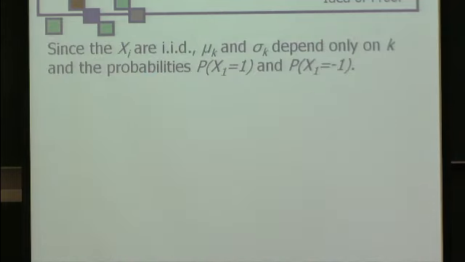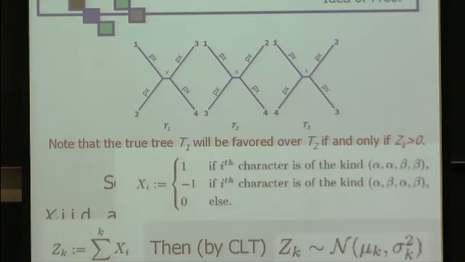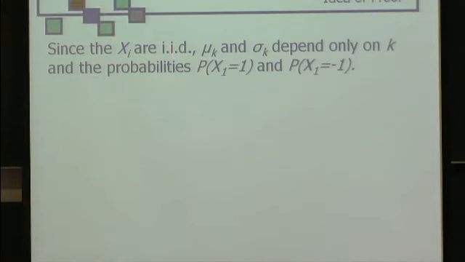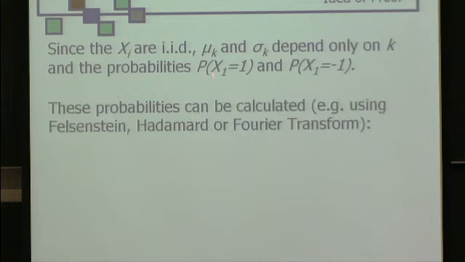Okay, and so we had Z being normally distributed with a mean and variance or standard deviation here, and these only depend on the probabilities that our x1, because they are IID anyways, equals 1 or x1 equals -1. And these probabilities can then be easily calculated, so we can just use the Felsenstein algorithm or whatever.